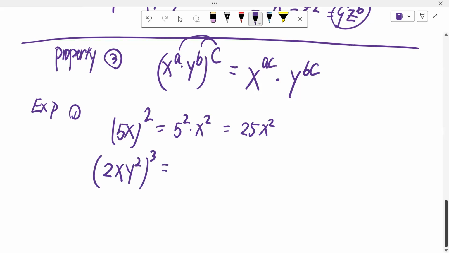Now again, distribute the power to every single element inside of the parentheses. So 2 cubed, x cubed, y to the 2 times 3, 6. Now after that, simplify. 2 cubed is 8, x cubed, and then y to the 6.